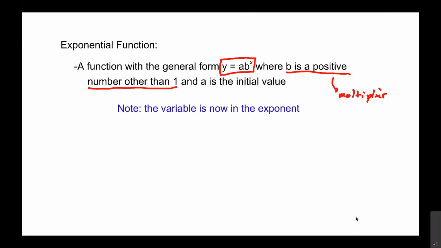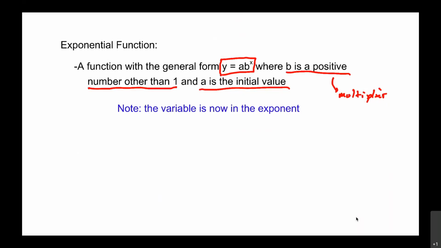That number is going to be positive and other than 1. And then a is what's called your initial value. You have to have a starting point with exponential functions. If something is going to either grow or decay exponentially, you have to start with something. That's where a comes into play. How much am I starting with?